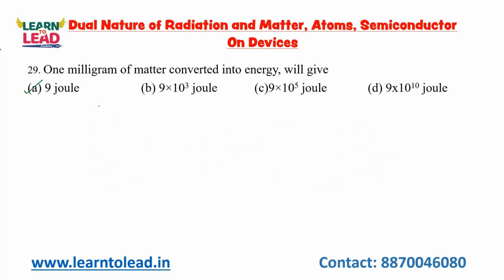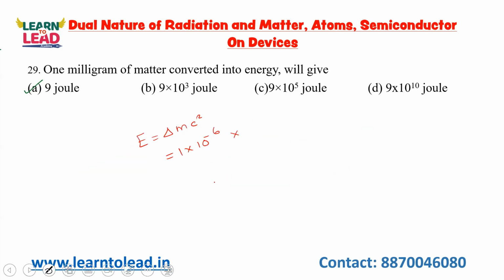1 milligram of matter converted into energy will give. So E is equal to what? Delta MC square. 1 milligram of matter, so 1 into 10 to the power minus 6 into C square.